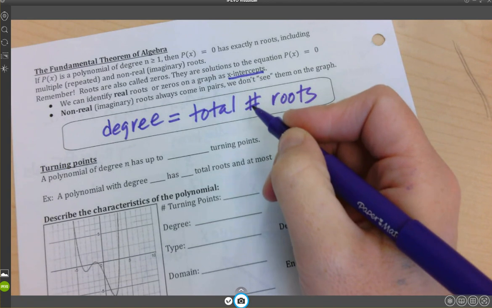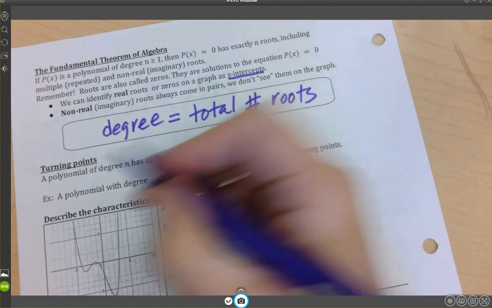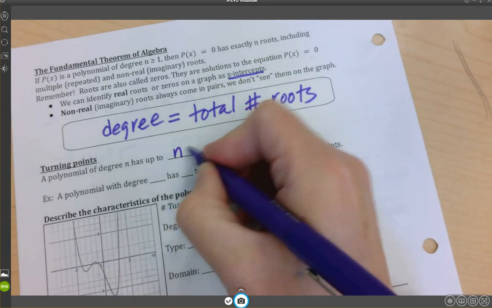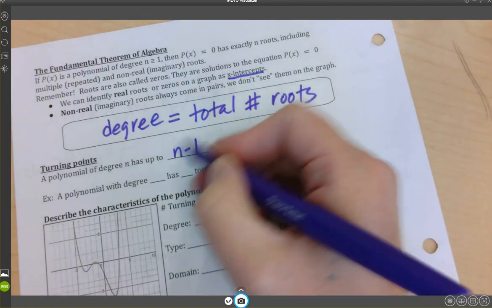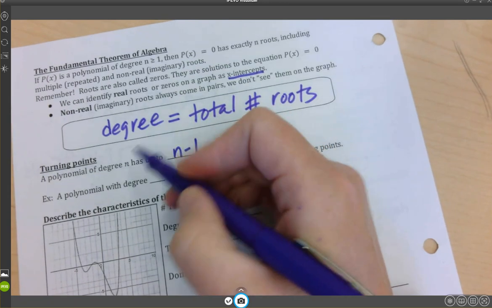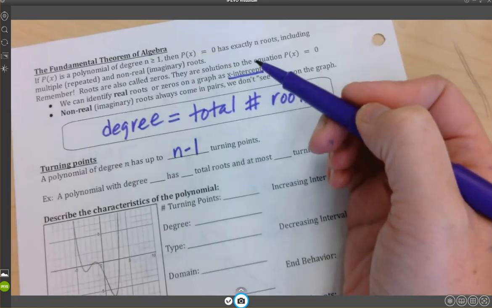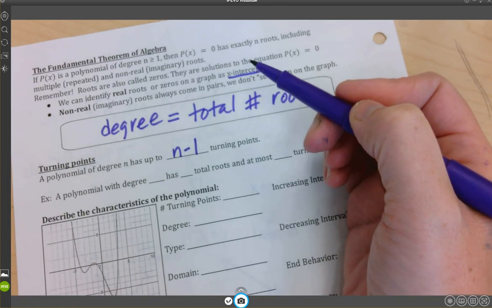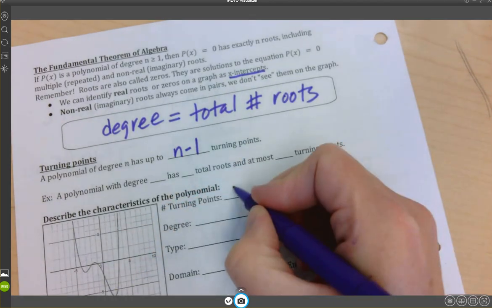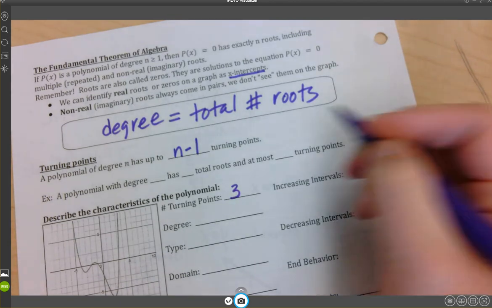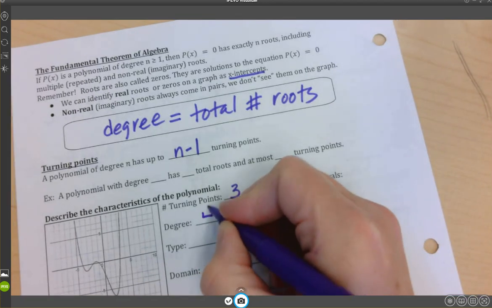All right, so a polynomial of degree n is going to have up to n minus 1 turning points. So if you can count the turning points, then the degree might be 1 bigger than those turning points. For example, looking down here, I have 1, 2, 3 turning points, and that would make the degree 1 more, so that would make the degree 4.